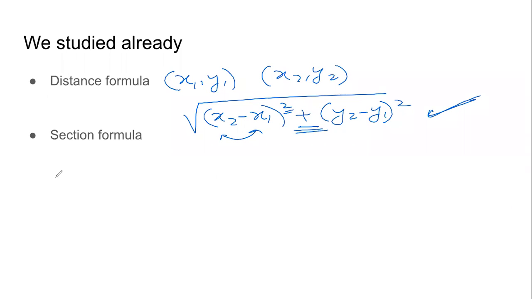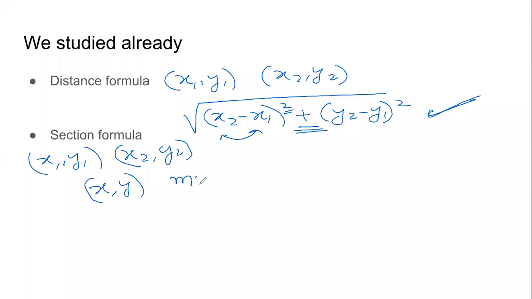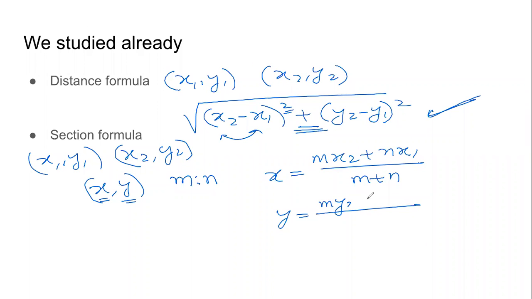Then in the last class, we understood that if there is a line segment joining the points x1, y1 and x2, y2, which is divided by a point x, y in the ratio m is to n, then we can find the coordinates of the point dividing the line segment with the formula x equals mx2 plus nx1 by m plus n, and y equals my2 plus ny1 divided by m plus n.